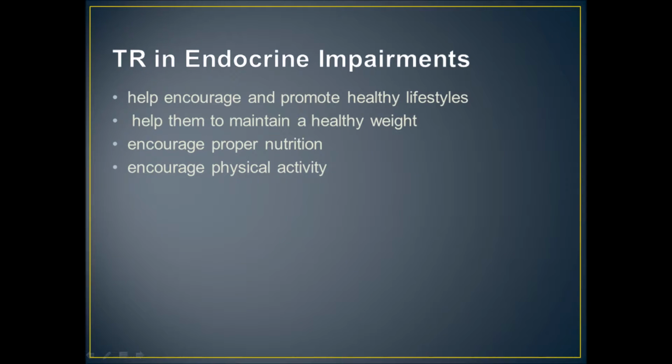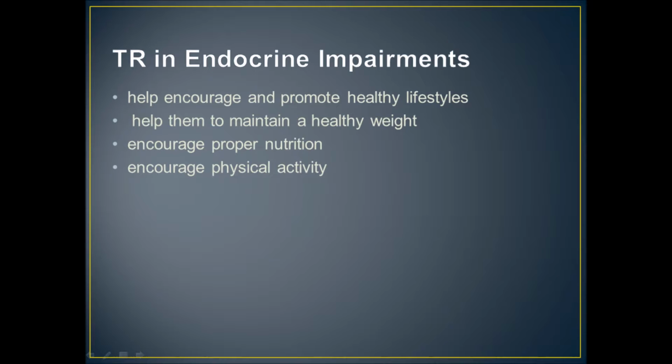So we want to keep a focus on that. For TR, we want to help encourage and promote healthy lifestyles, help them to maintain and keep a healthy weight. We want to teach them and encourage them in their proper nutritional values, and we want to encourage physical activity. Physical activity will help them to keep down their weight and to stay healthy and fit, and to help ward off any other diseases that may happen for them.